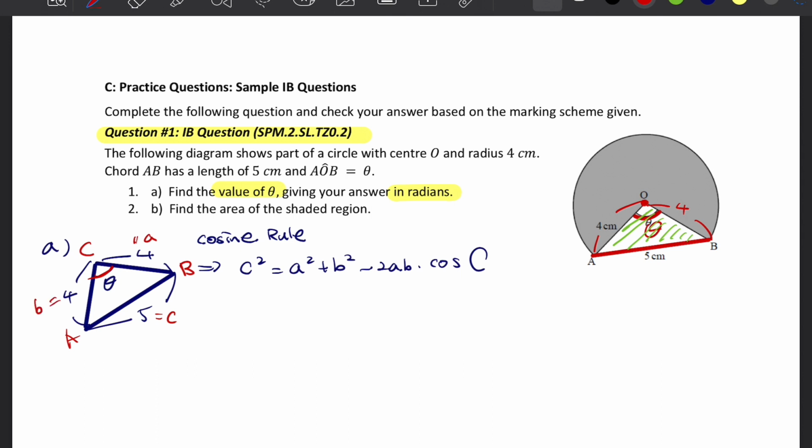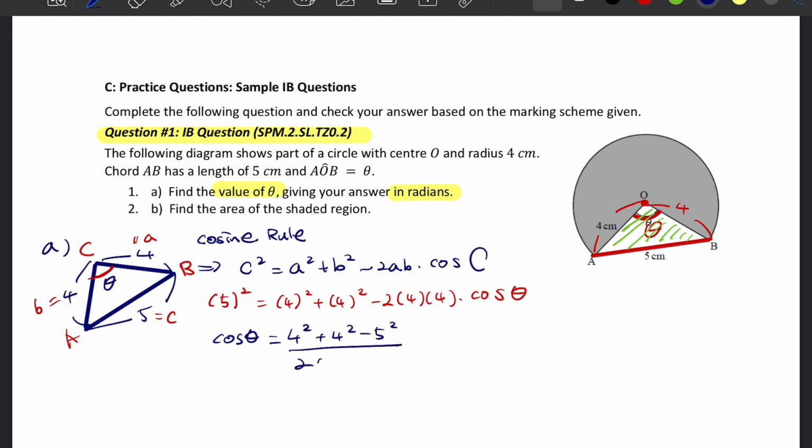Then we can substitute all the numbers into the formula. So 5 squared equals 4 squared plus 4 squared minus 2 times 4 times 4 times cosine theta. Then we can solve for angle theta. Cosine theta is equal to 4 squared plus 4 squared minus 5 squared over 2 times 4 times 4.